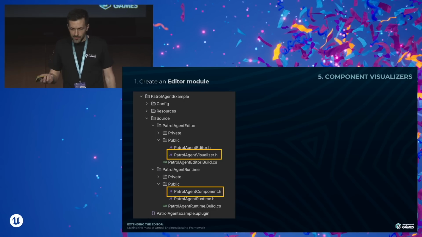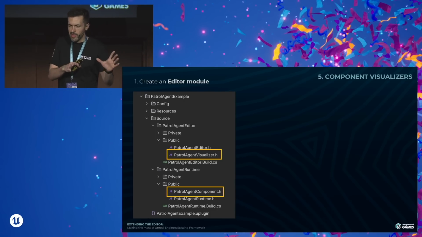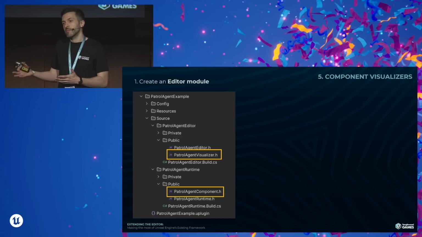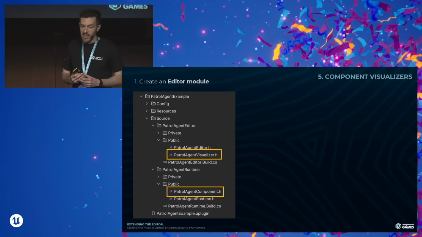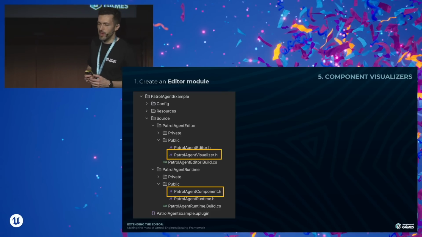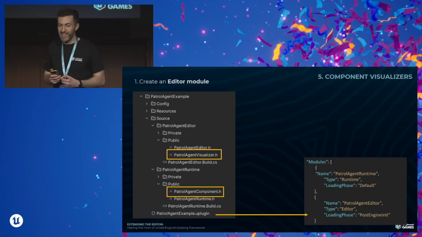Like we did before, we want to make sure that the visualization is part of an editor module, but the component itself, because in this case it is handling the logic of the patrolling, it's going to be in a runtime module so that it can be part of the game.